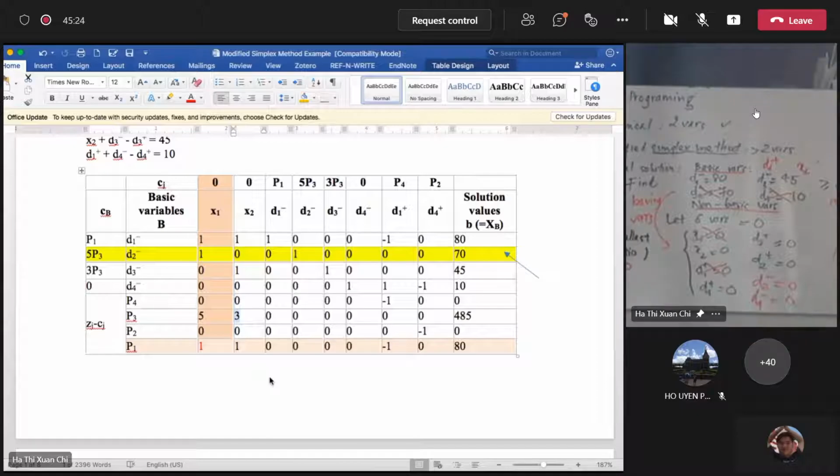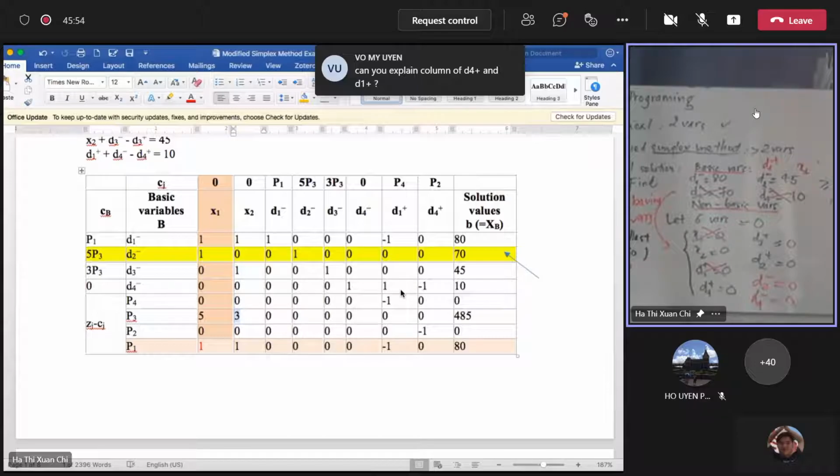Okay. Let me check it again. So you can do one by one like this. You take the CB, you times with the column here.